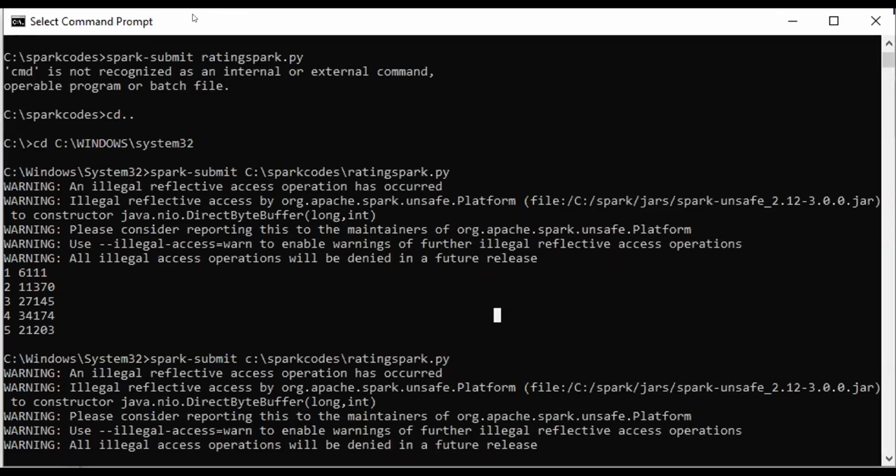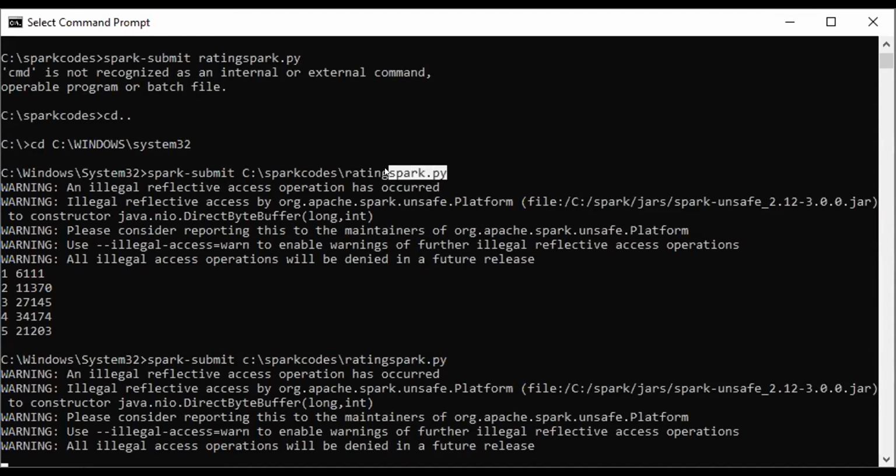So two updates: first, the address of your Python code here; second, the address of u.data here. On your system, these two highlighted parts might be different. Anyway, this is just for testing your successful installation of Spark.